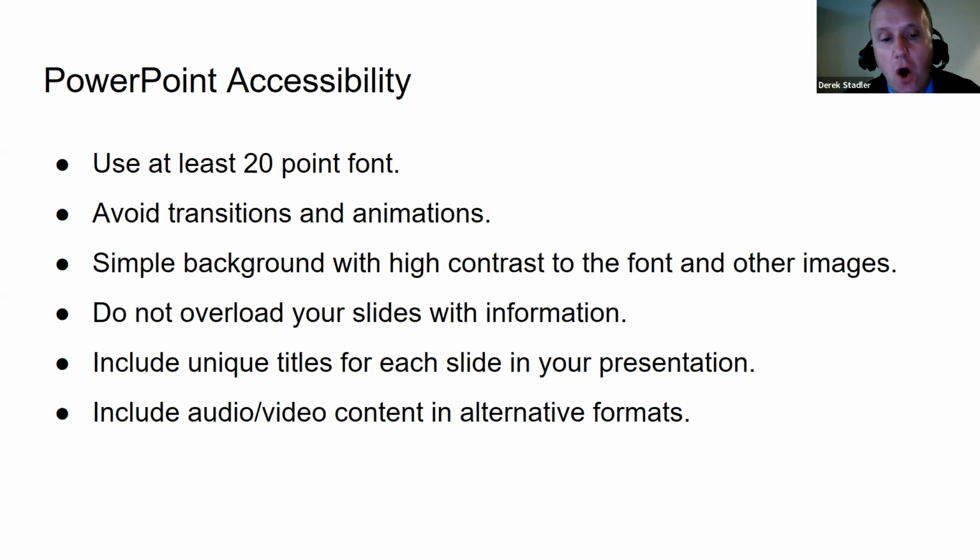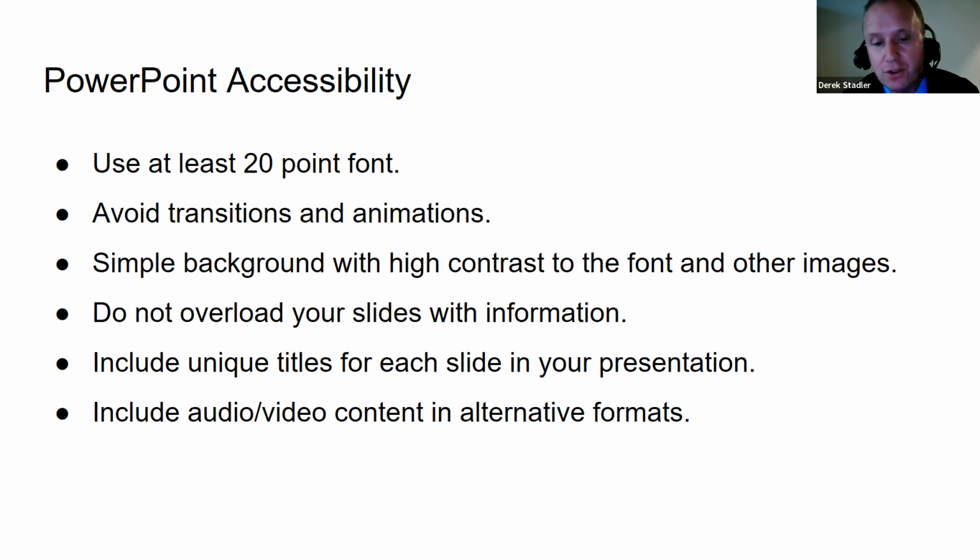Also, do not overload your slides with information. Keep them as short and as concise as possible. If you have a lot of information to get across, break it up over several slides. Limit bullet points on each slide to a maximum of 6 is a good practice. And also include unique titles for each slide in your presentation.